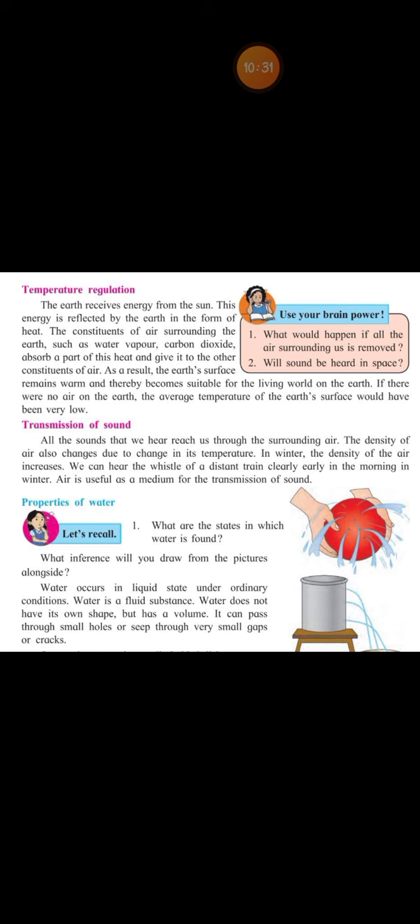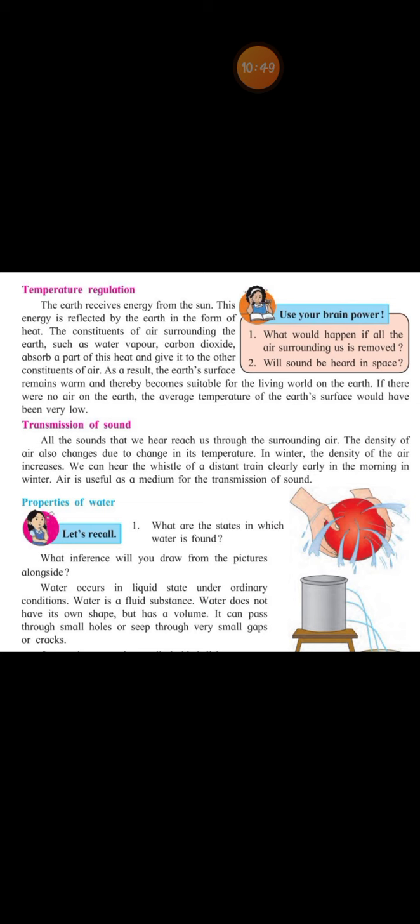Now temperature regulation. How is the temperature regulated on our earth? The earth receives energy from the sun. Yes. This energy is reflected by the earth in the form of heat. Yes.